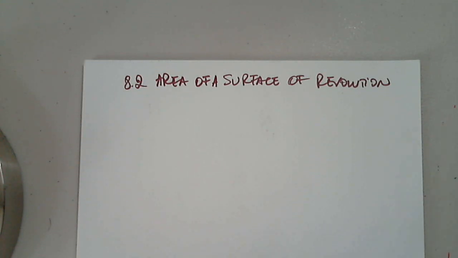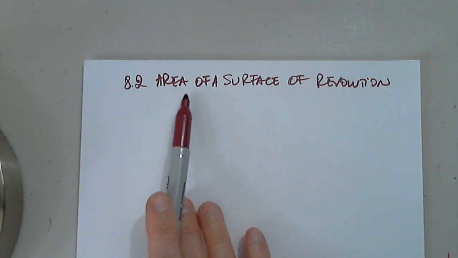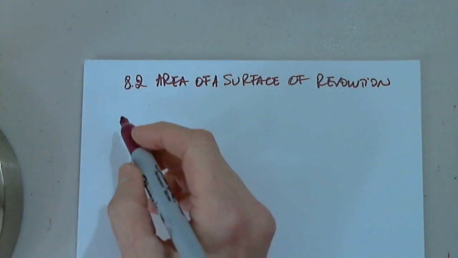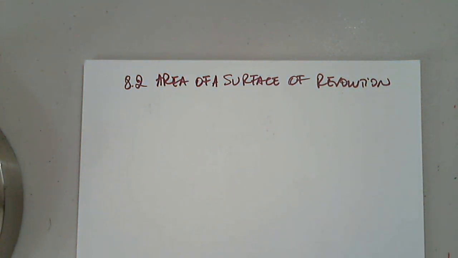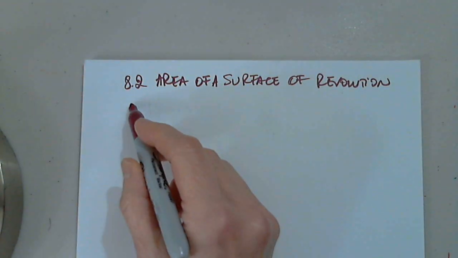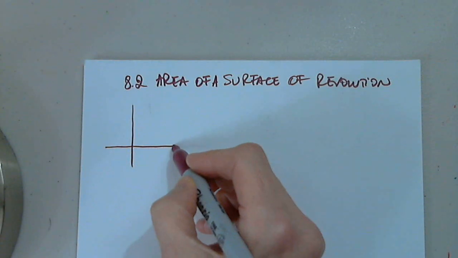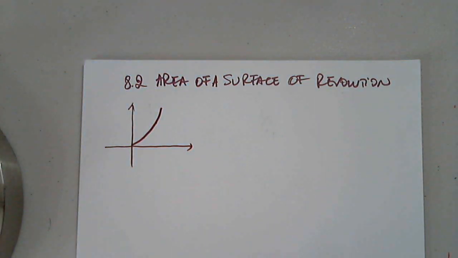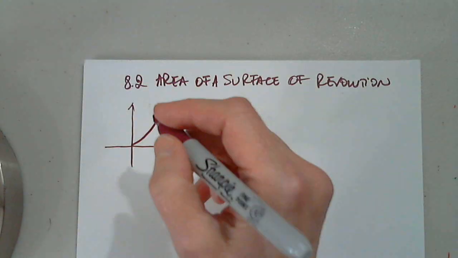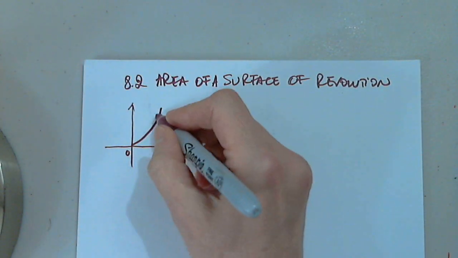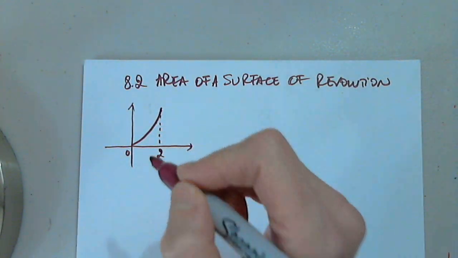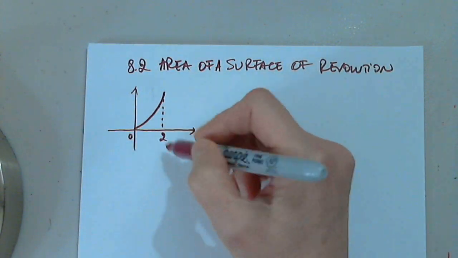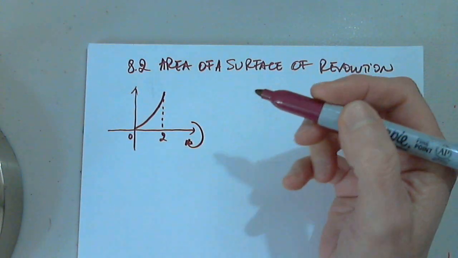Hello again. We are moving on to 8.2, area of a surface of revolution. So what is this all about? Assume we have a function, and we're going to look at an example in a minute, let's say between 0 and 2, and we want to rotate this curve about the x-axis.